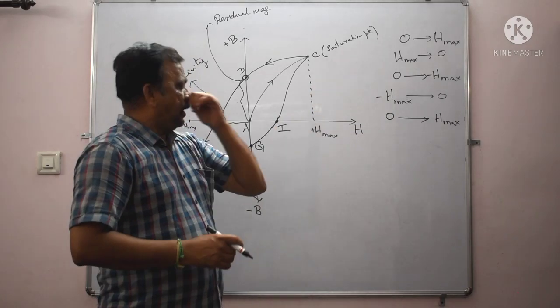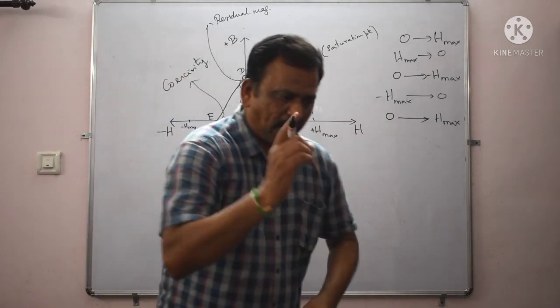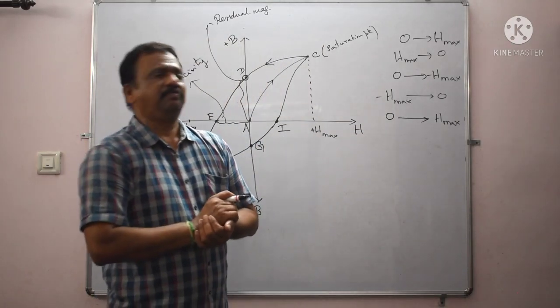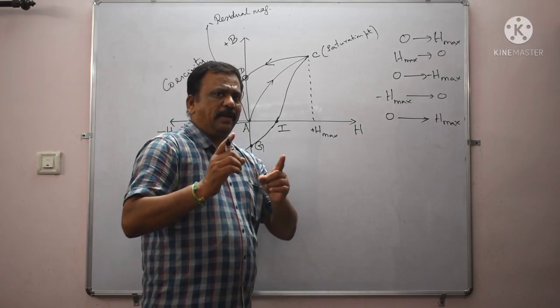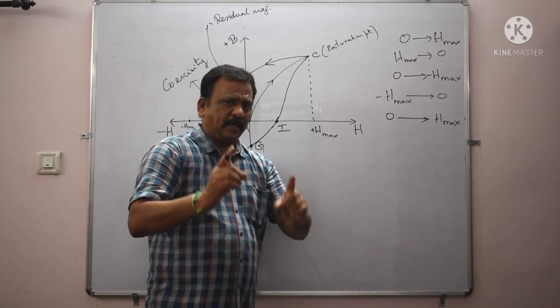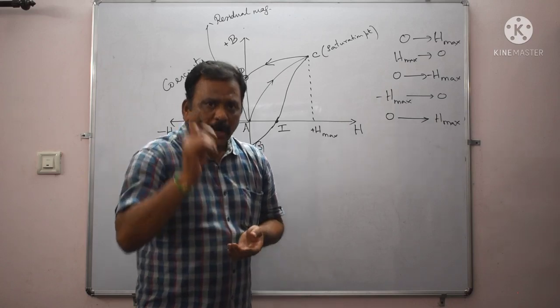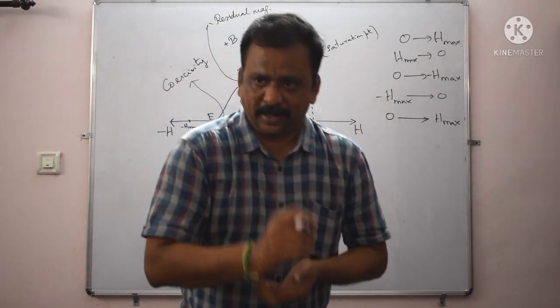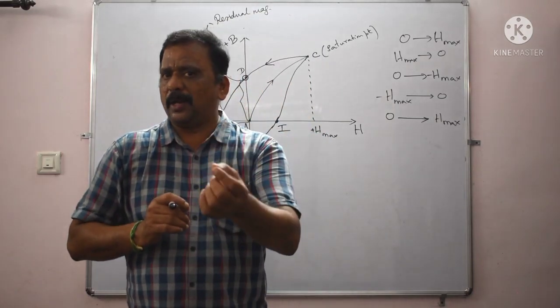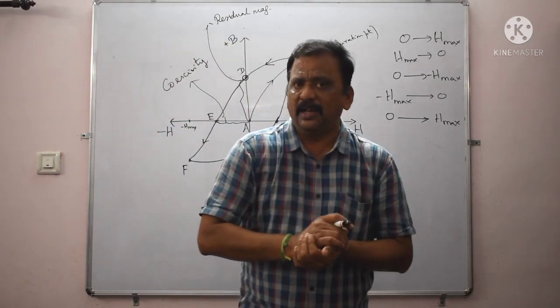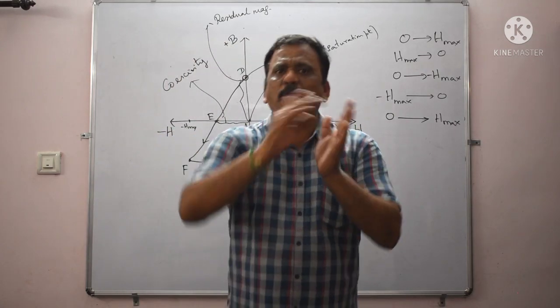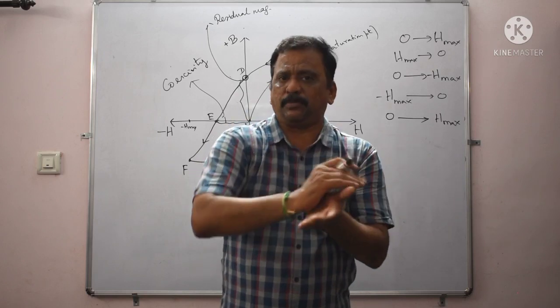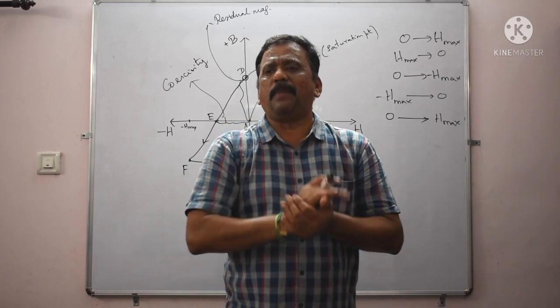So once a ferromagnetic material is taken through one complete cycle of magnetization, the atoms or molecular magnets in the material will orient and reorient themselves several times along the direction of the external magnetic field.